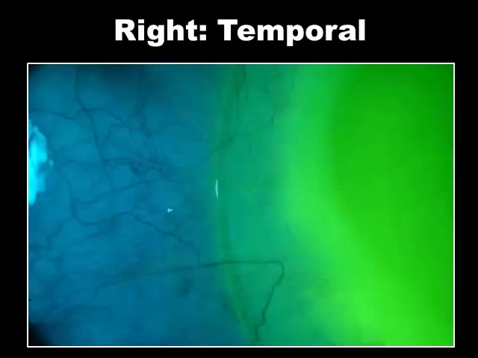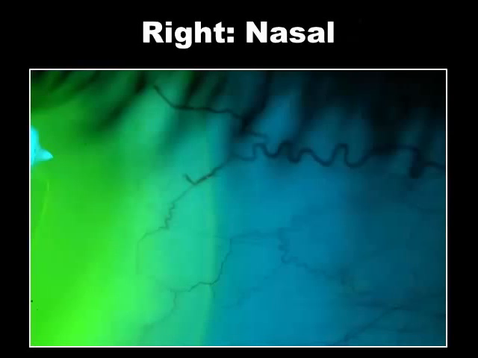So we've got this very ideal lens to surface relationship. We're not cutting off any of these vessels. Same thing on the nasal side. We see both large and small capillaries just running right past the edge. Exactly what we want to see in a healthy, optimal scleral lens fit.